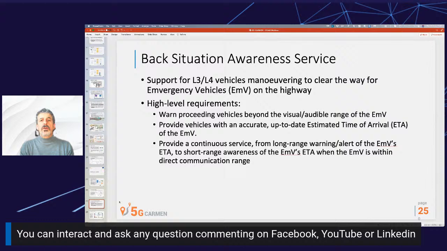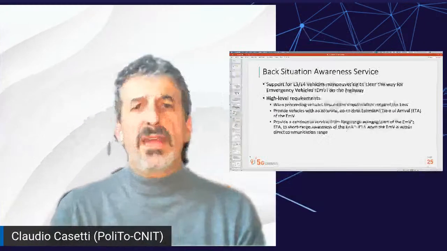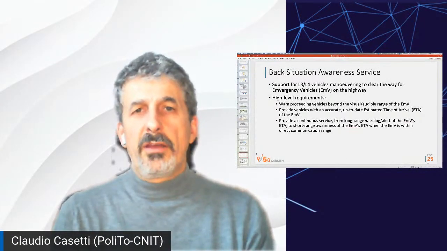This could, however, be a problem because ordinary vehicles may be prevented from moving in time away from the path of the EMV. And this whole situation, this unpredictability, I would say, could become a problem for the L3 and L4 vehicles.